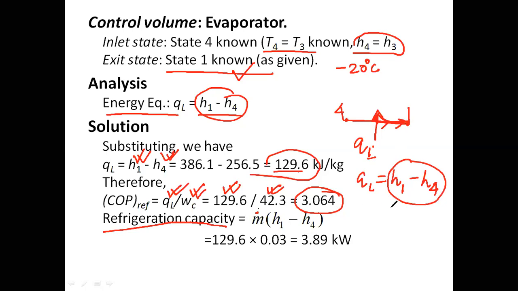Multiply this with the mass flow rate, and we get the total refrigeration capacity, which is an extensive property. M dot is 0.03 kg per second, and this we have just calculated to be 129.6 kilojoule per kg. So the final answer, the refrigeration capacity, is 3.89 kilowatt. This is the end of the solution of the problem. Thank you.